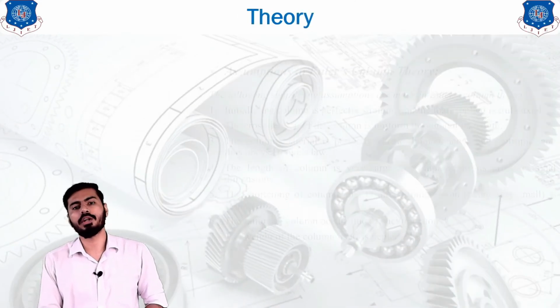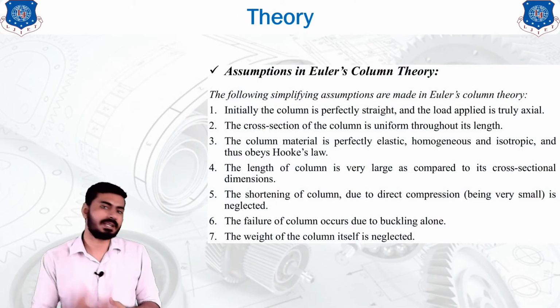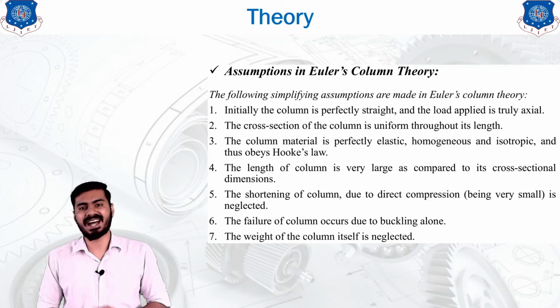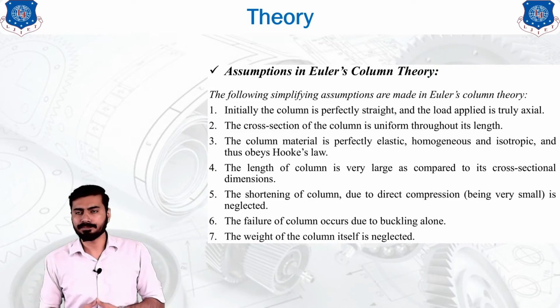Now we are going to learn the theory of Euler's equation. This is the very basic theory which can be used to design a column or any machine part acting as a column.